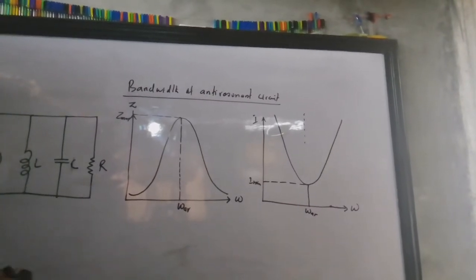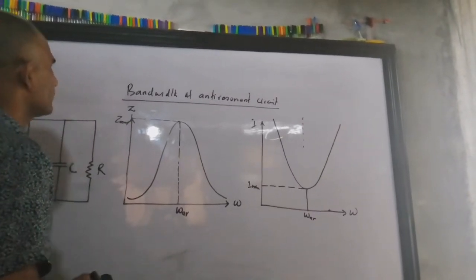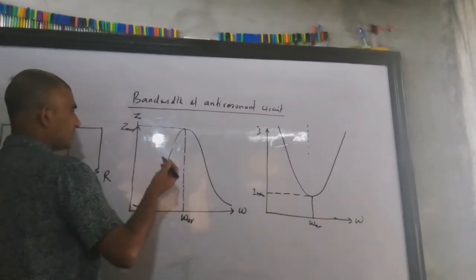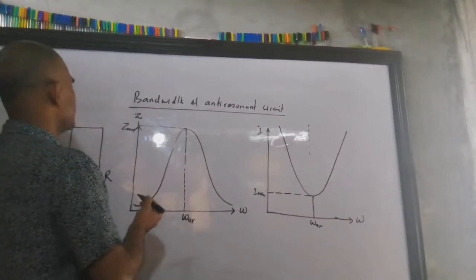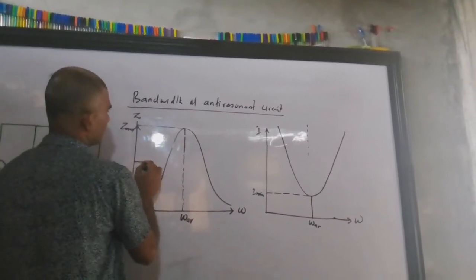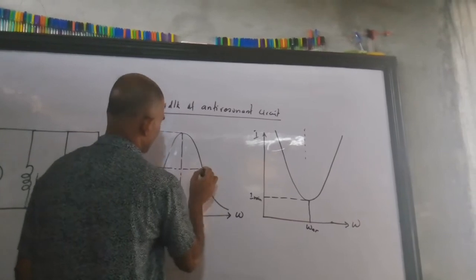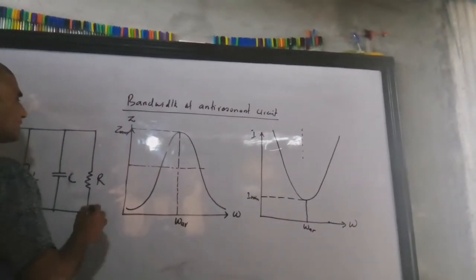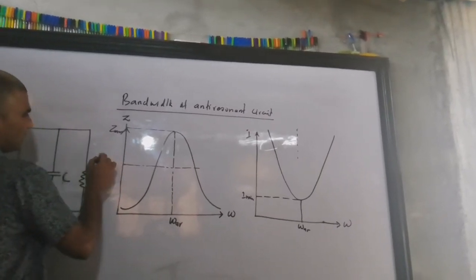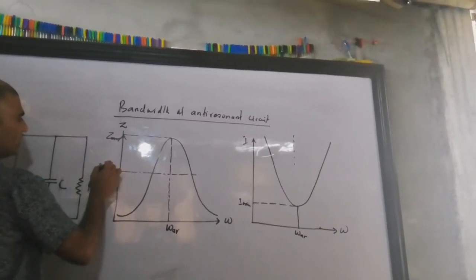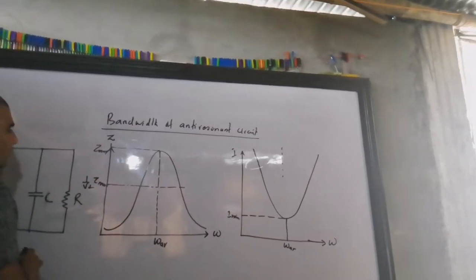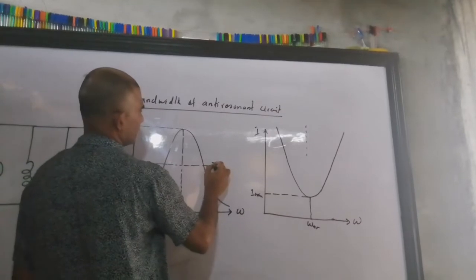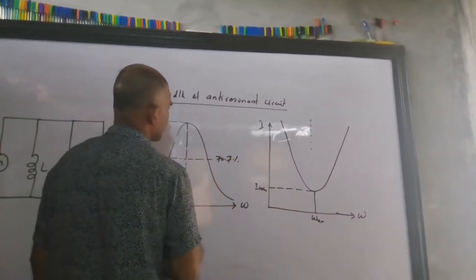And here we have to discuss the bandwidth. To know the bandwidth we should know the upper and lower cutoff. So what are the upper and lower cutoff frequencies? They are the frequencies at which the impedance of the parallel LCR circuit becomes 1 by root 2 times Z max. So 1 by root 2 times Z max is 70.7% of the peak value.